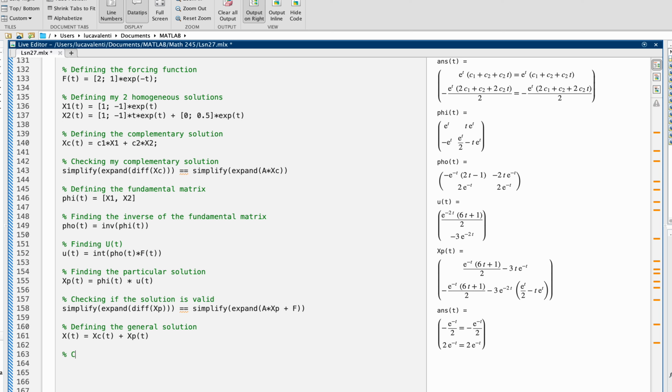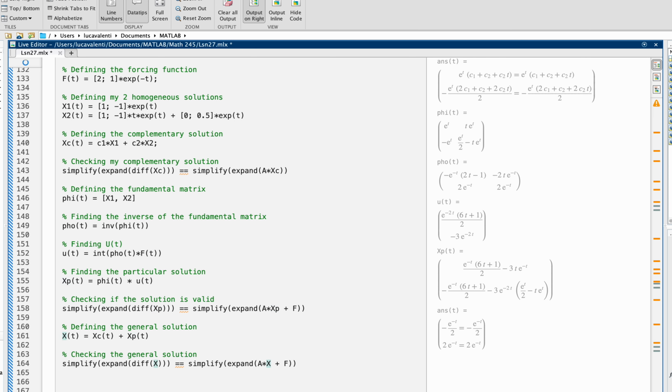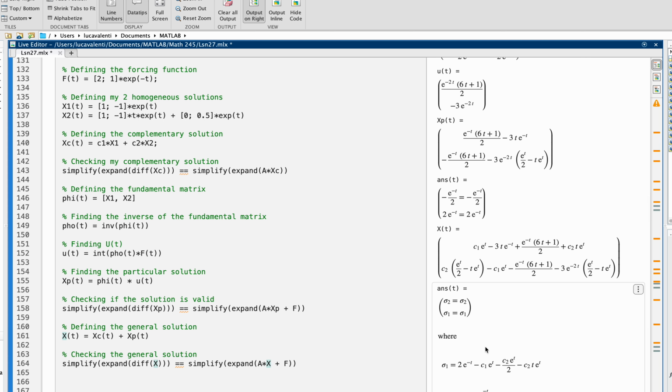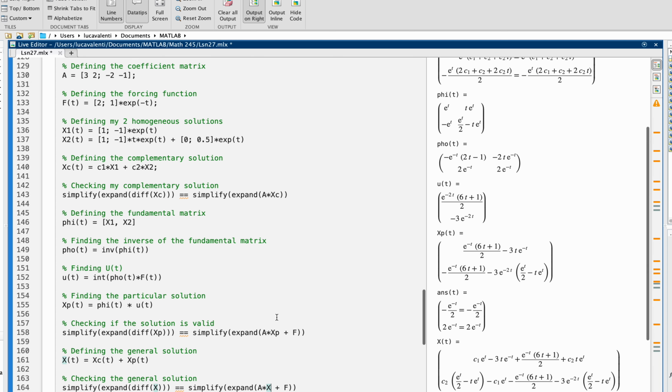And if I want to check the general solution, you can just rewrite this, but now it's going to be just x in here. Press Control Enter. MATLAB is going to rerun the whole code, so this is not the most efficient way to do it. And we want to check that we get the same thing on the left and on the right, which we do, so we know that this is the answer.